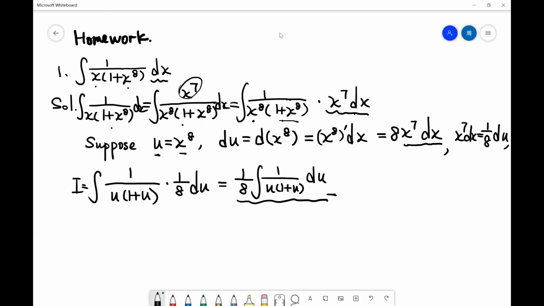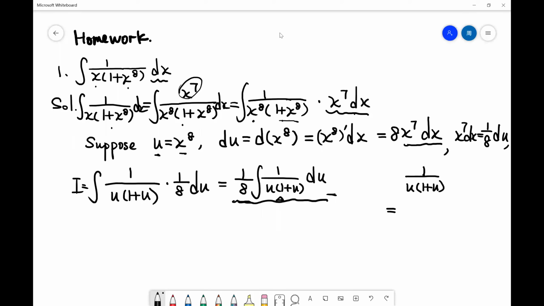So here we have to solve this equivalent integral, and we have to separate the integrand. We should know that 1 by u times 1 plus u can be separated into two parts.